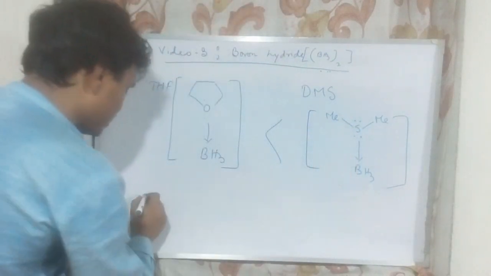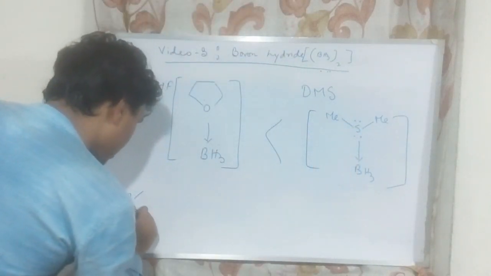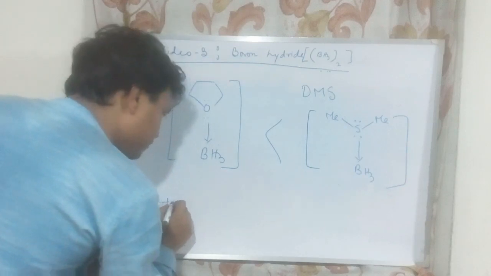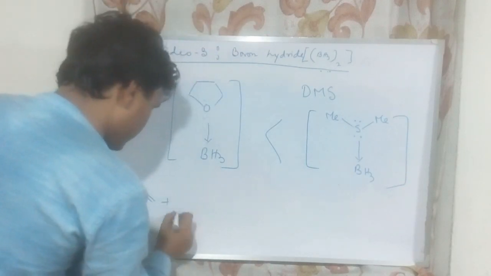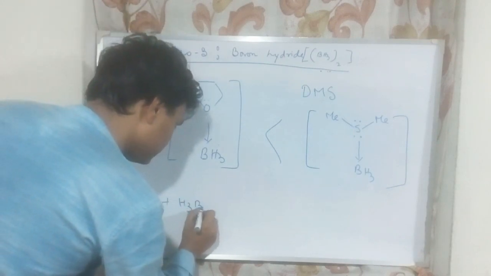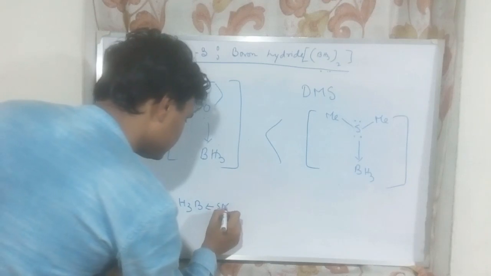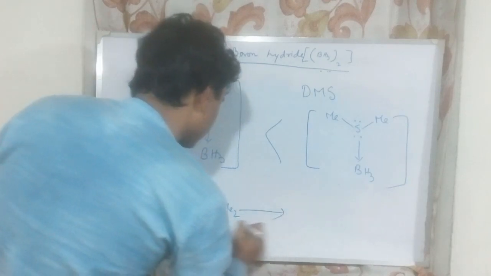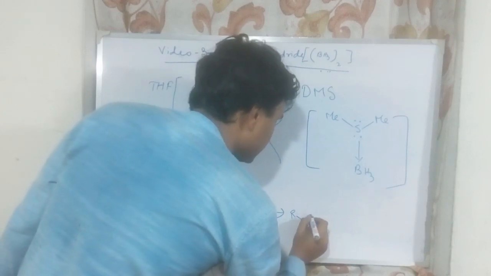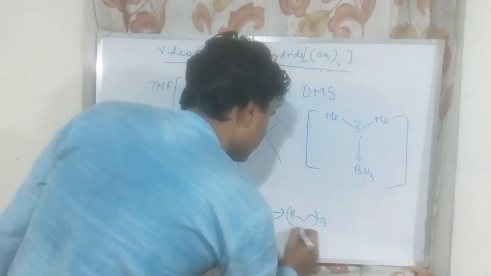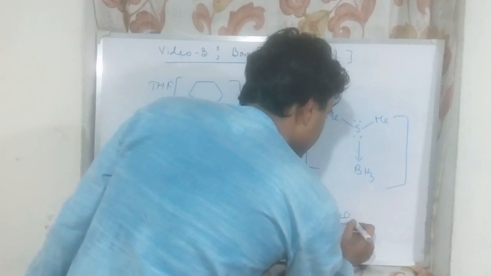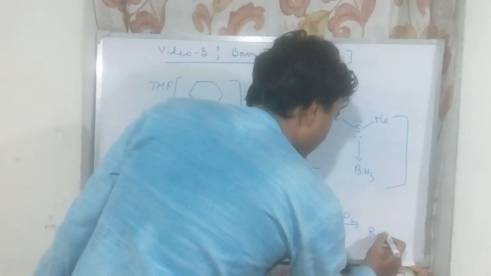a very important well-known reaction of this BH3, that is hydroboration, which eventually results in the formation of alcohol. And the reaction is, first, a trialkyl borane is formed, which reacts with hydrogen peroxide to produce alcohol.